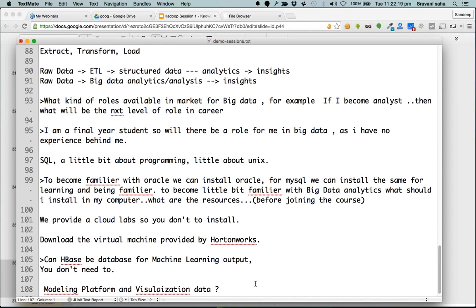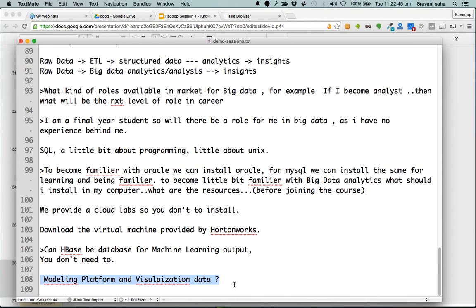So it doesn't make sense to put the data in HBase because it's one-time output. It will be useless when you run the program again. You run the recommendation again, the result will be different. Therefore, you don't need to push it to HBase. You put the data into HBase which you have to very frequently edit.